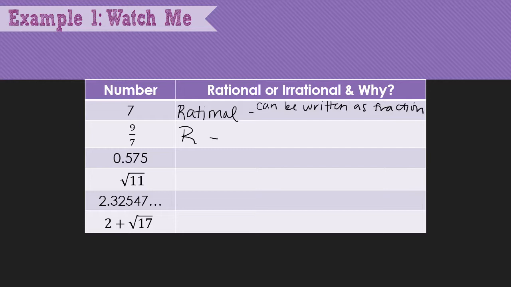It is a fraction made up of rational numbers, so it is rational. The third example, 0.575. Notice how this ends, it terminates, so that makes it a rational number, a terminating decimal.